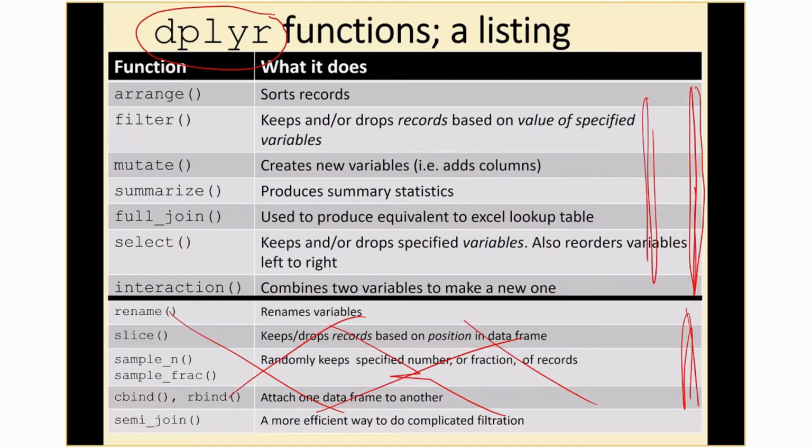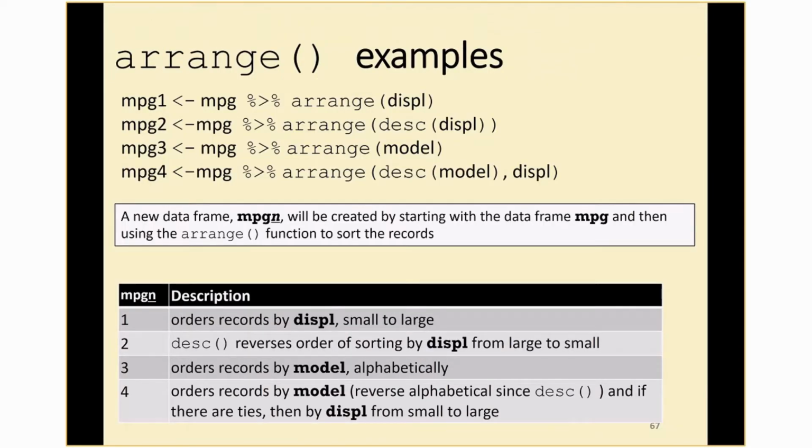Let's go through them. The first one is arrange. Anytime you see the word arrange, what you should be thinking of is sorting. The arrange function is going to sort the records in the data frame. Here we have a bunch of code that's going to create MPG1.